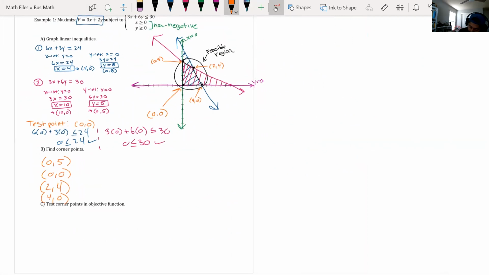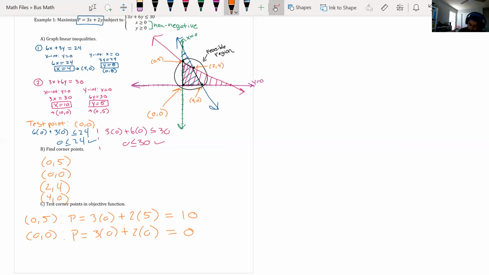So first one we'll try out is 0, 5. And you'll get P equals 3 times 0 plus 2 times 5, and that'll give me 10. And then we try out 0, 0. P equals 3 times 0 plus 2 times 0, which gives me 0.